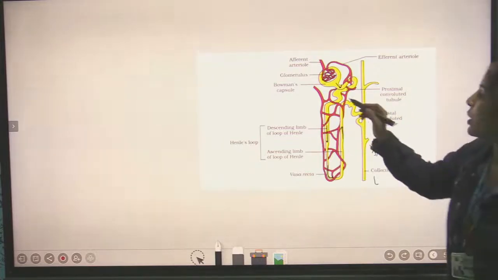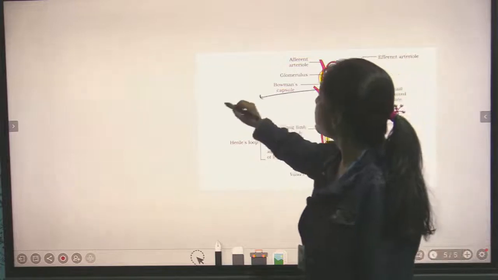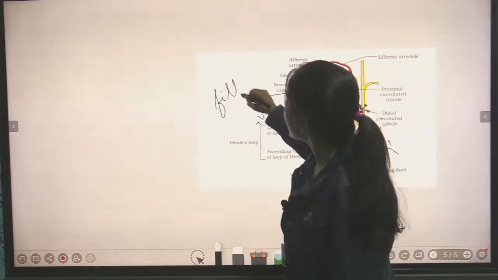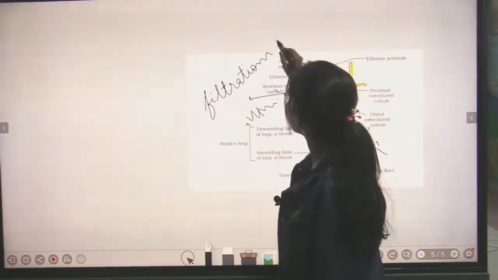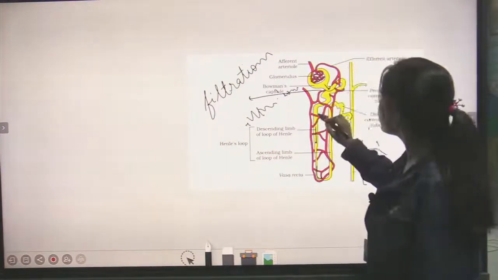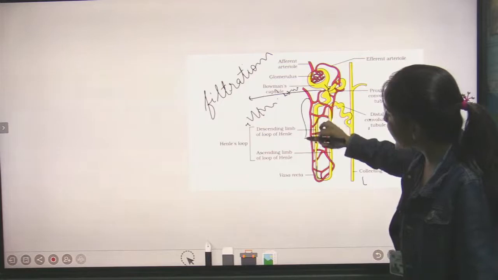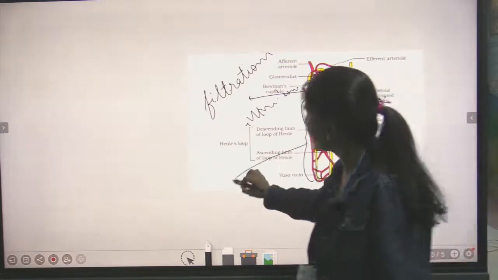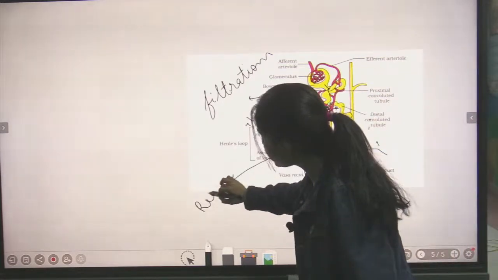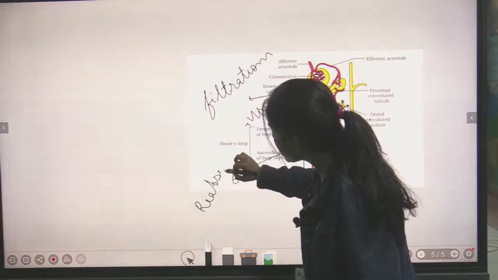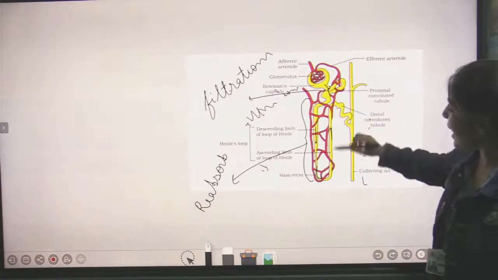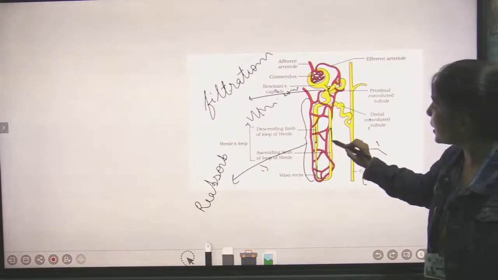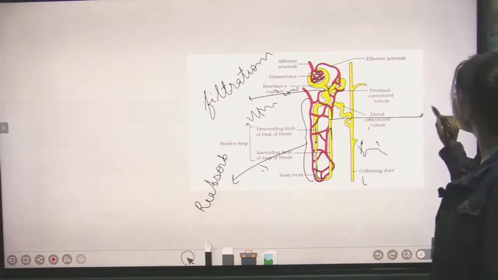Which process occurs here? Filtration. At this side there is reabsorption, and at that side there is secretion.